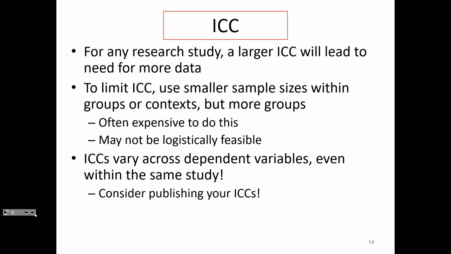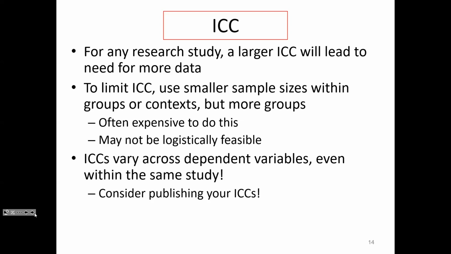And also remember the intraclass correlation coefficient. What does that tell us about? It tells us about the between cluster variance, the proportion of between cluster variance. Remember, the higher the ICC, the more similar people within a cluster are to each other, and the more different clusters are from each other.